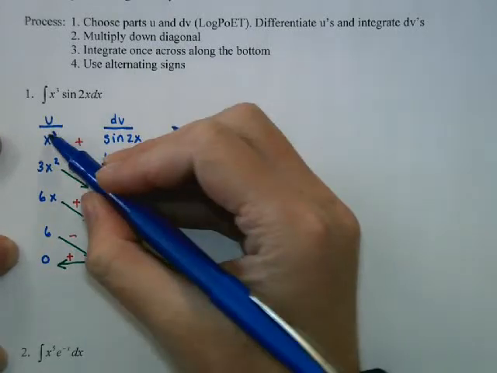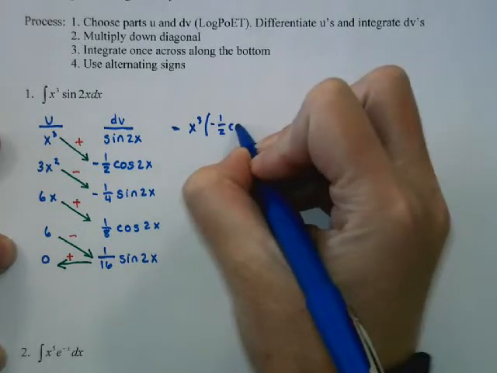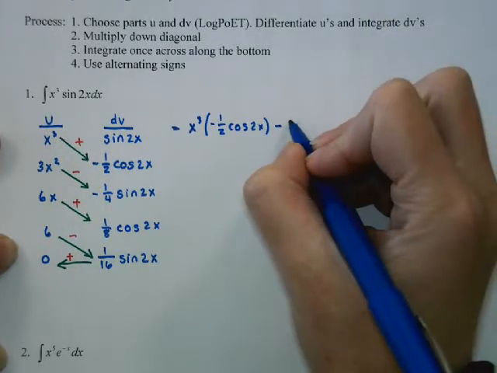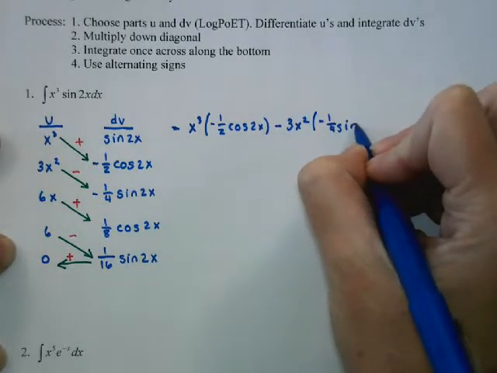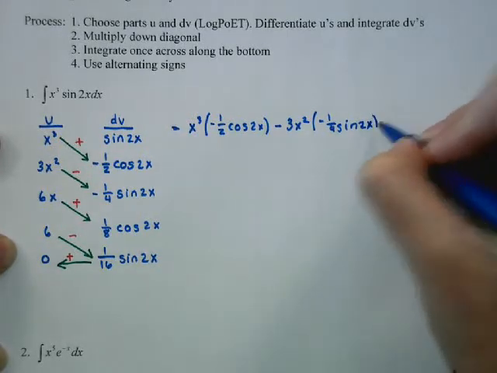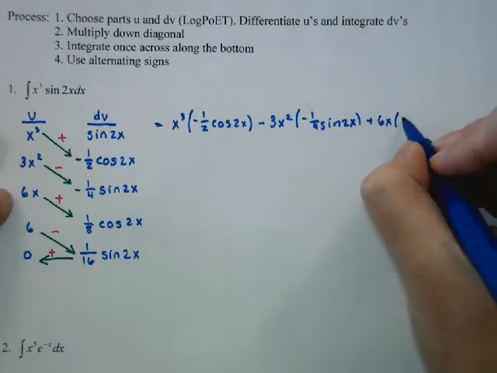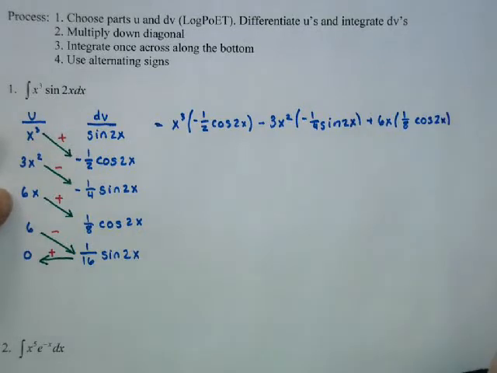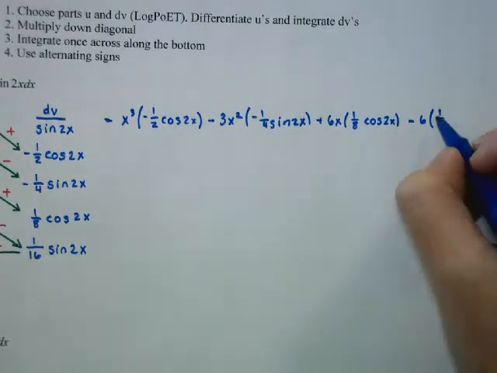So this is going to equal, multiply here, so I'm going to have x cubed times negative 1/2 cosine 2x, minus 3x squared times negative 1/4 sine 2x, plus 6x times 1/8 cosine 2x, minus 6 times 1/16 sine 2x.